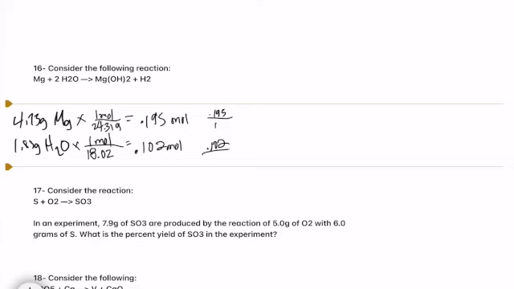Going back to our balanced equation, there was 1 mole of magnesium needed and 2 moles of H2O needed. So our sample of 0.195 over 1 mole of Mg, and our sample of 0.102 moles of H2O over 2 moles needed for H2O. Remember, the smaller number is your limiting reactant. So in this case, we run out of water first.